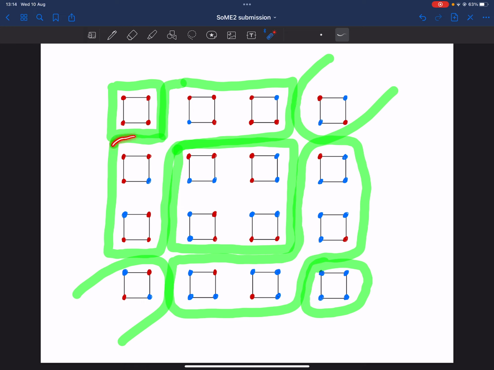And so we can see in this orbit, these are exactly the colourings of the square with one corner blue. If we start with any of those, we must end up at another one.